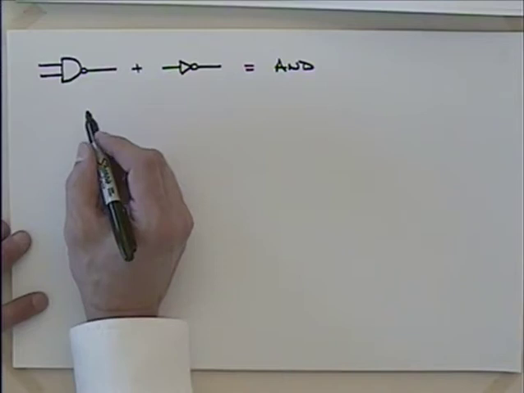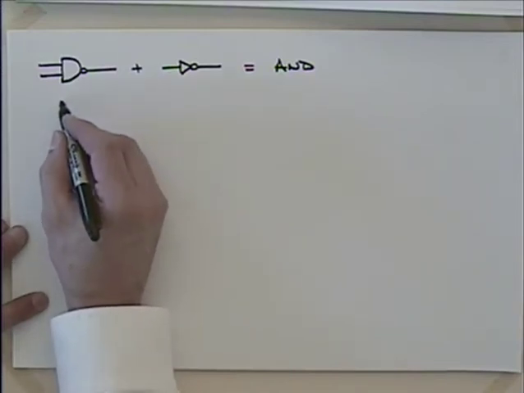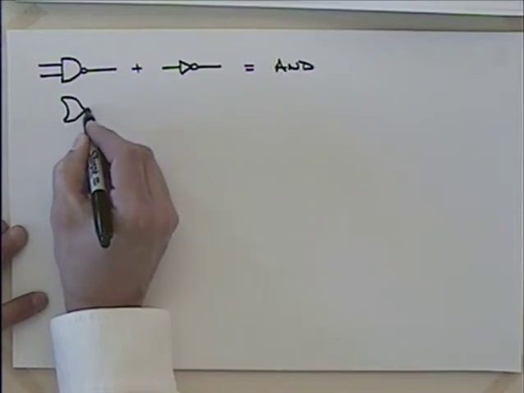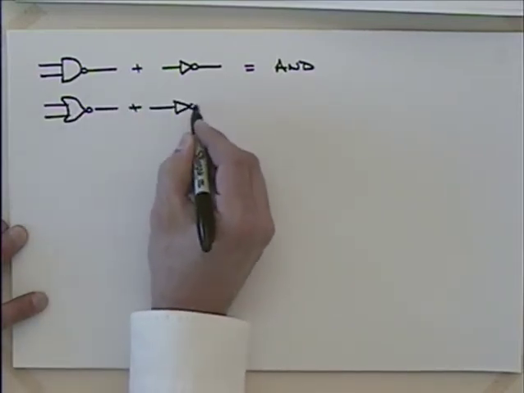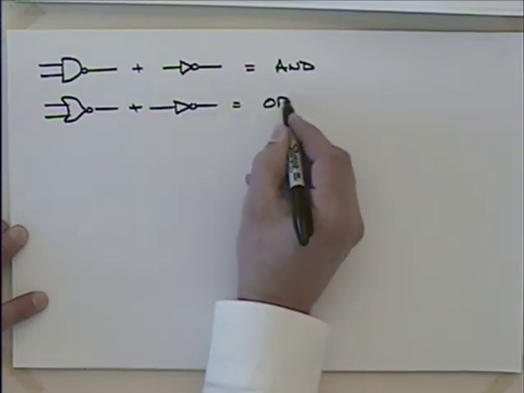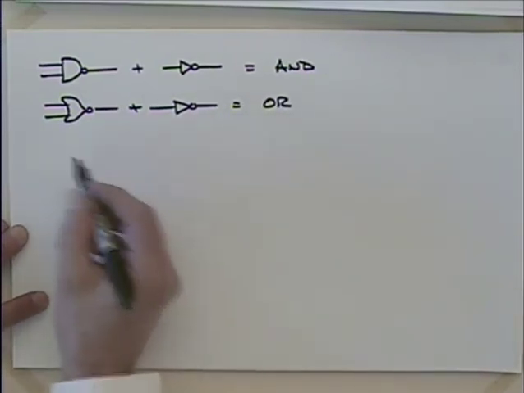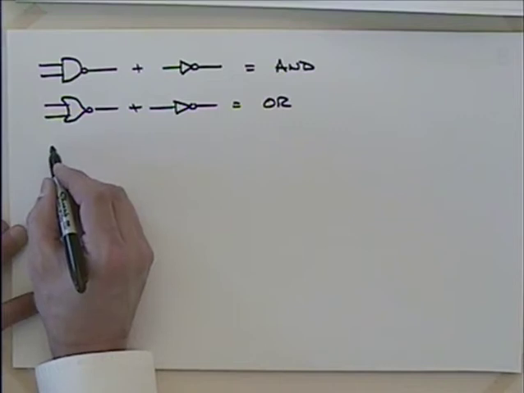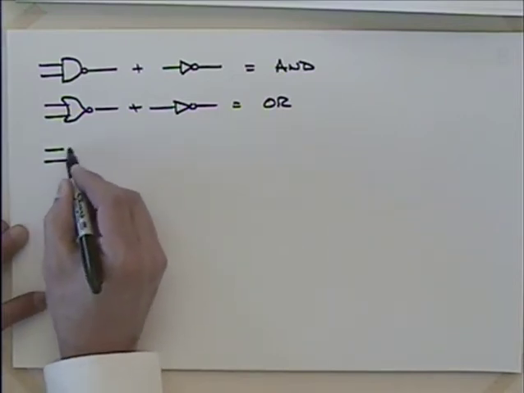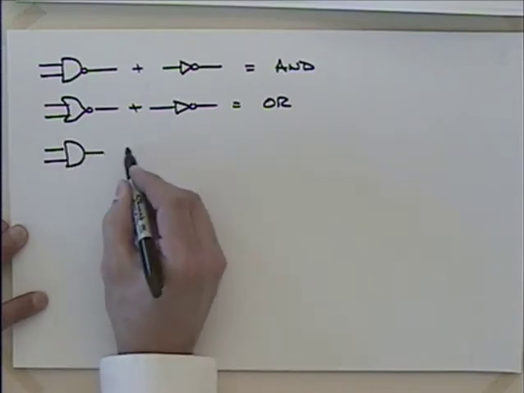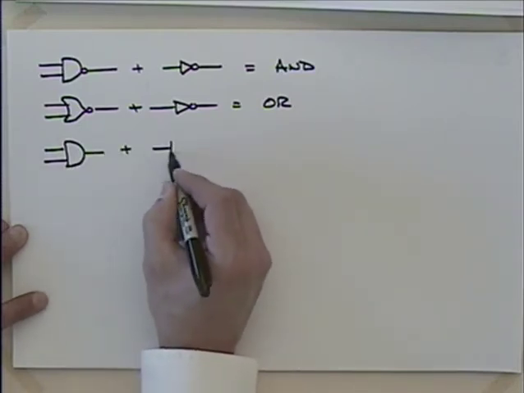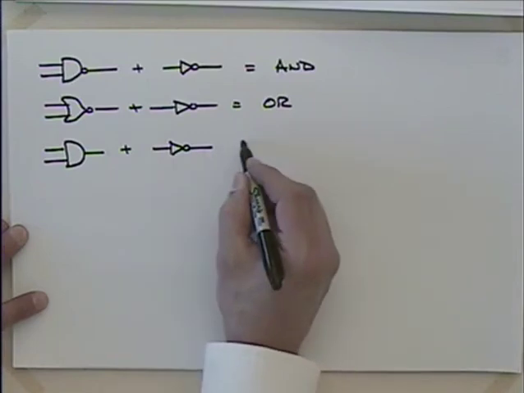Okay. So now if I take a NOR, and I add an inverter to that, what do I get? An OR. And let's see, if I take an AND, and I add an inverter to that, we get a NAND.